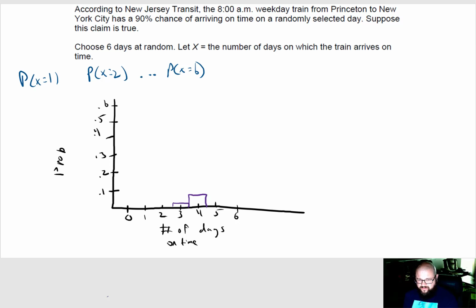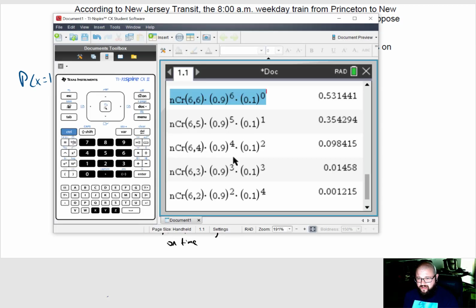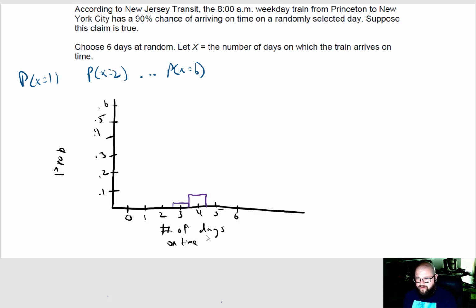For 5 on my calculator, it was this second one right here. We had 0.35, and it kind of jumps up quite a bit there, right?